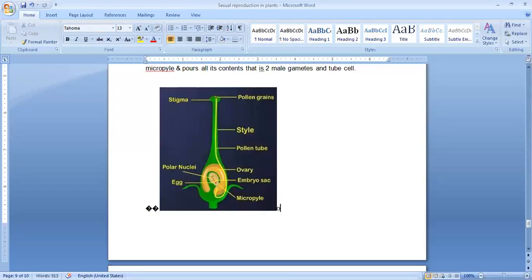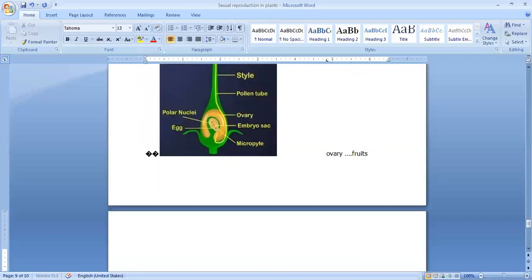As I have told you, let us see what is the result of fertilization. The ovary will turn into fruit, then the ovule will turn into seed.